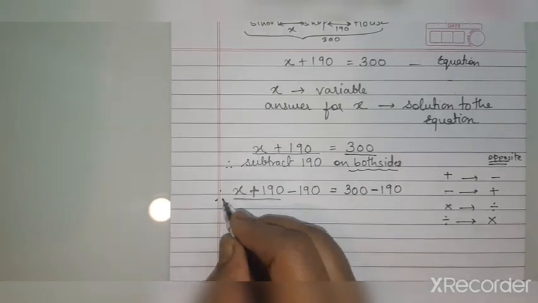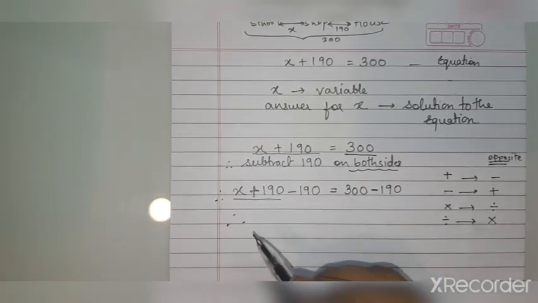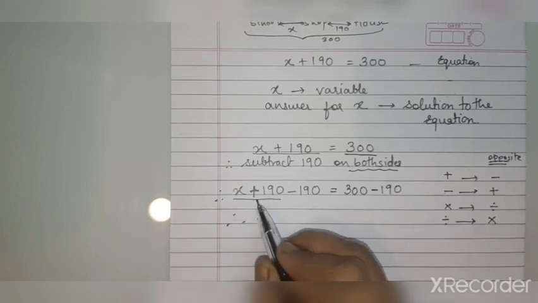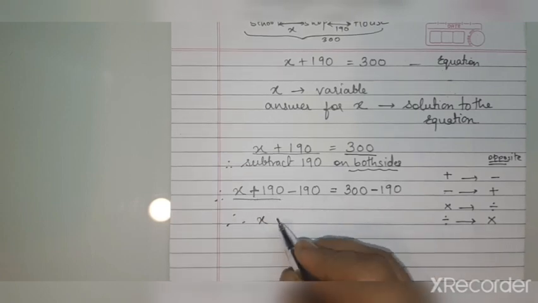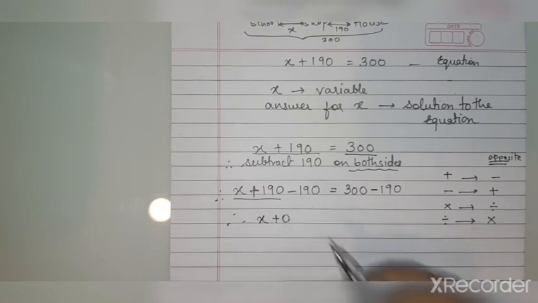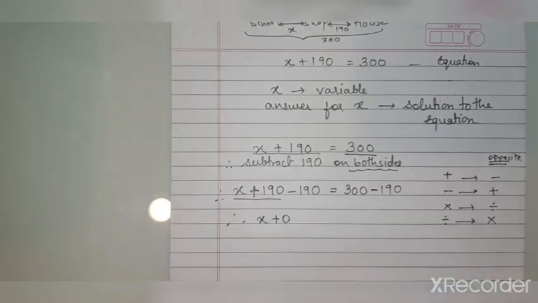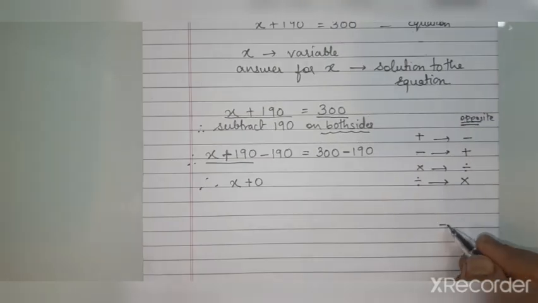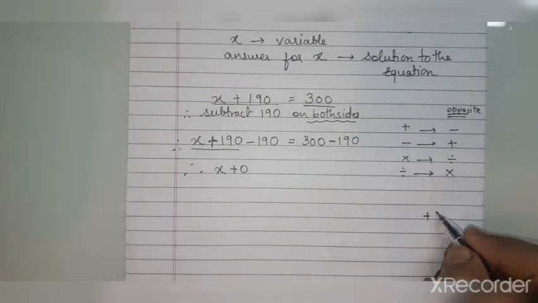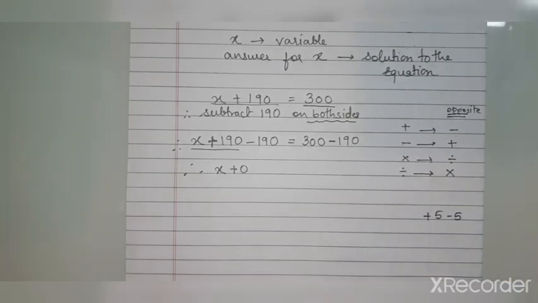Now further, when I am solving this, plus 190 minus 190, I will get the answer as 0. We have studied this, so it should not be difficult. Plus 5 minus 5 is 0.